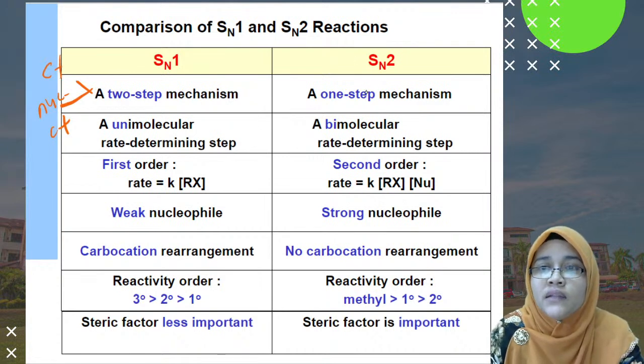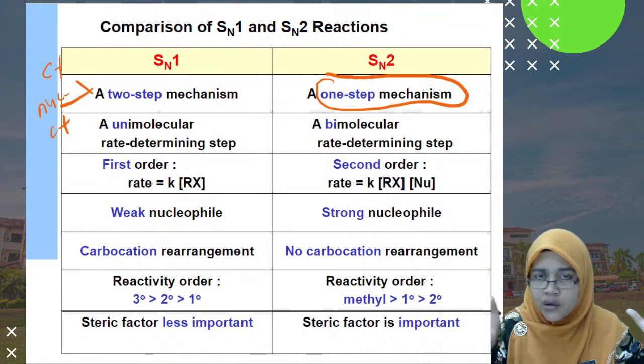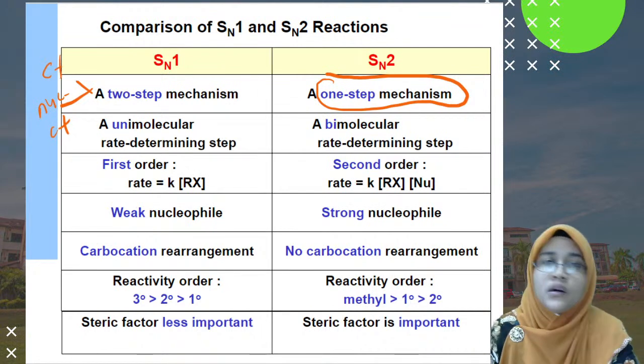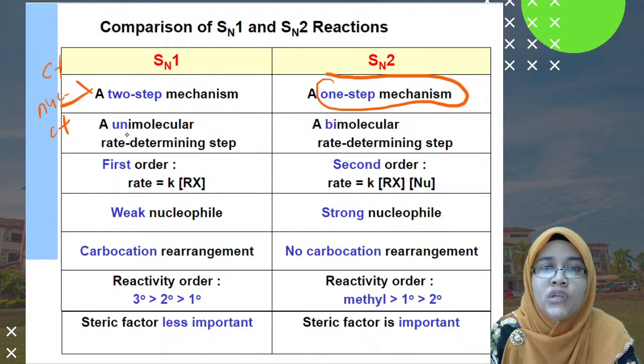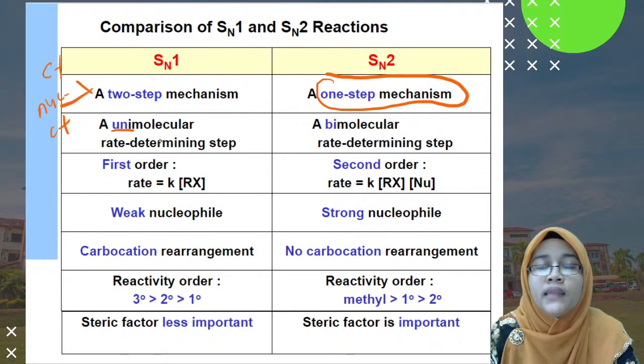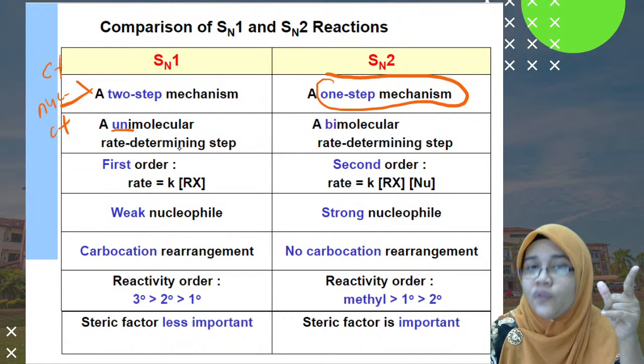Okay, for Sn2, it only involve one step of reactions. Kan dia backside attack. Dia backstep the transition step, lepas tu dia akan form a new product. One step sahaja, cuma slow dan fast. Okay, Sn1 dia unimolecular sebab kepekatan haloalkane sahaja menentukan kadar tindak balas. Only the concentration of haloalkane that determine the rate of reactions.